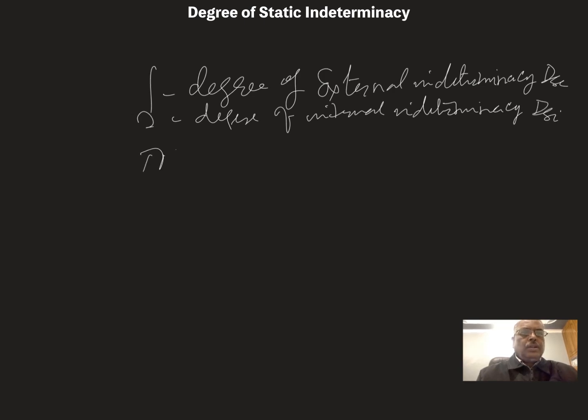Therefore total indeterminacy DS will be the sum of these two.